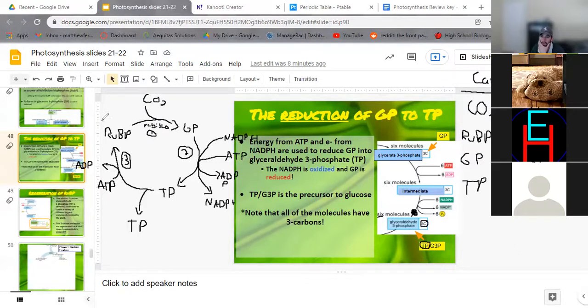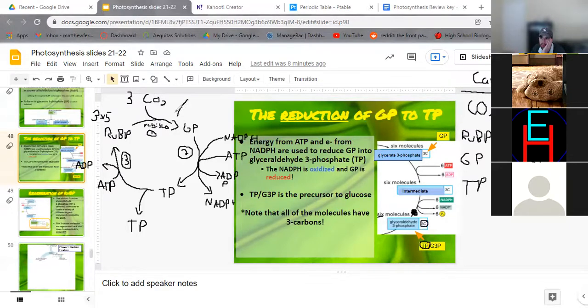So let's regroup here real quick. I'm going to hop back to the left side here. We had RuBP, and we see it's a 5-carbon molecule, and we had 3 of them. So we had 15 carbons here. We added 3 CO2s, 1 for each RuBP.